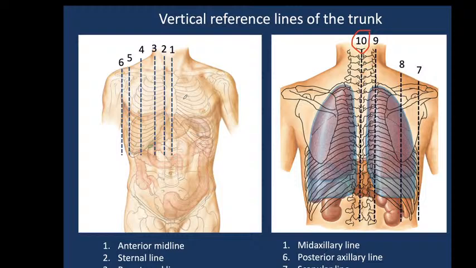And the other vertical reference lines are paired. Let me explain how we draw them. The anterior trunk midline passes through the center of the sternum.